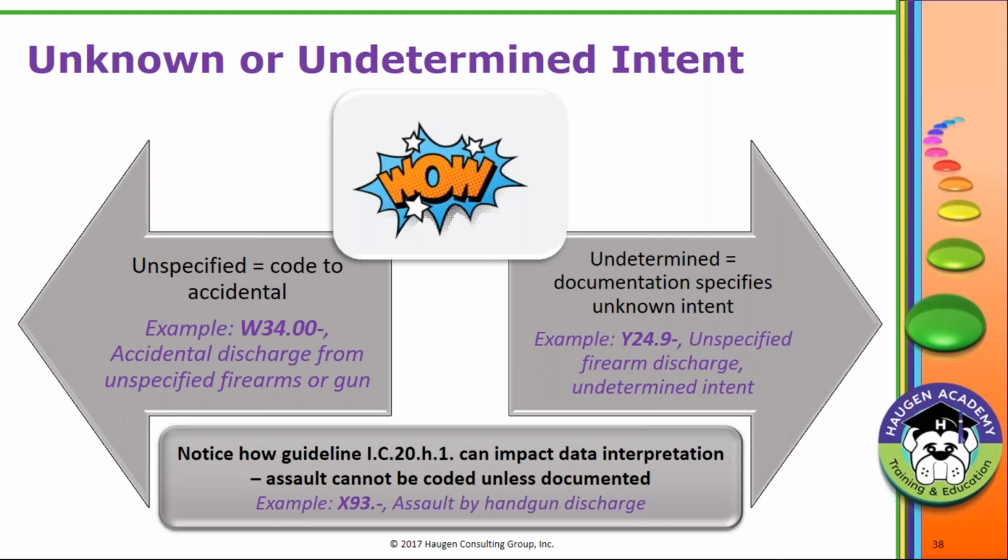And just notice how the guideline that I was telling you about that says that unspecified codes to accidental can impact data interpretation. We can't code it to assault unless it's been documented. The same injury by a handgun, if done by assault, is coded to X93, which is very different.